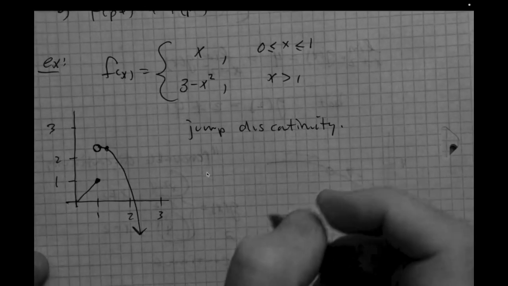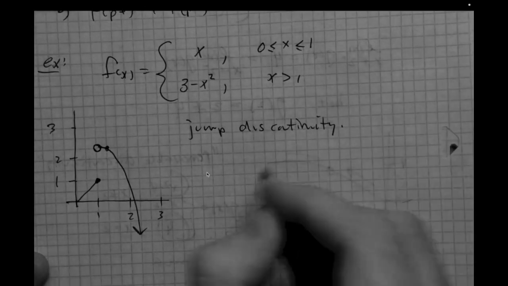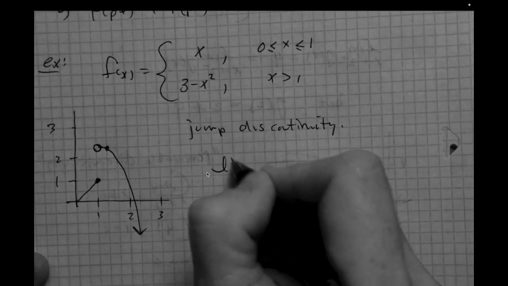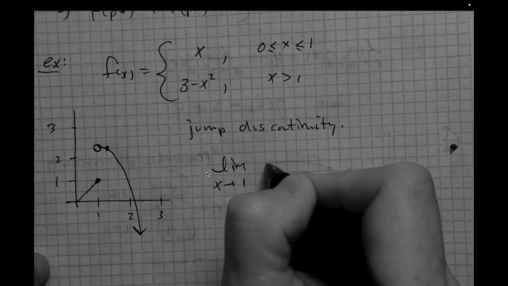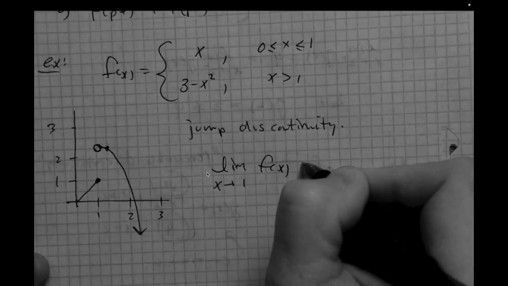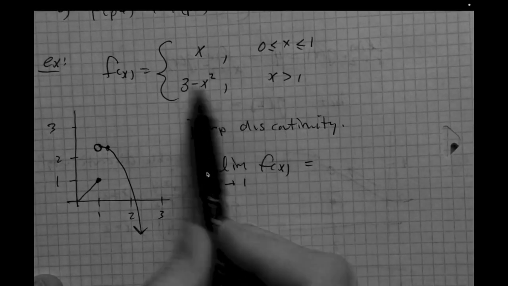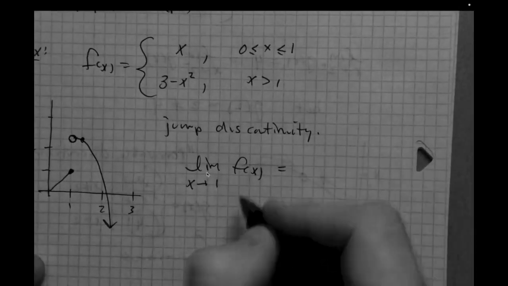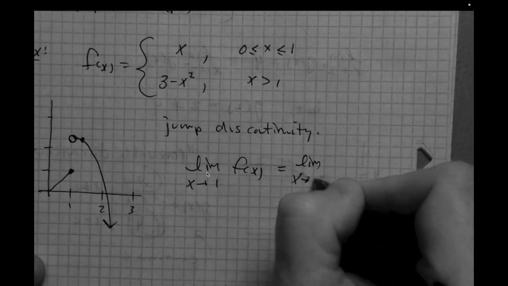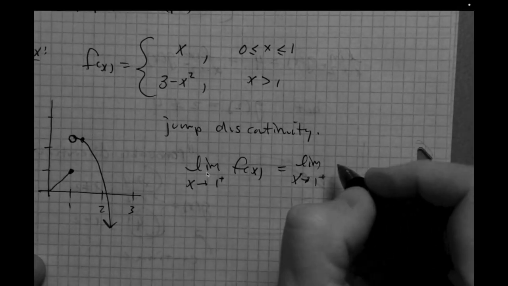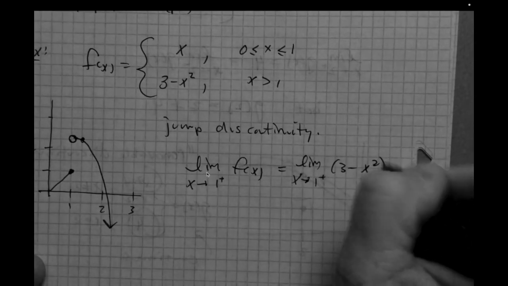Right, and so then we could ask, what's the right-hand limit? So the limit as x approaches 1 of f of x. If we're approaching 1 from the right-hand side, we would be on this function, right? So that's going to be equal to the limit as x approaches 1 from the right of 3 minus x squared.